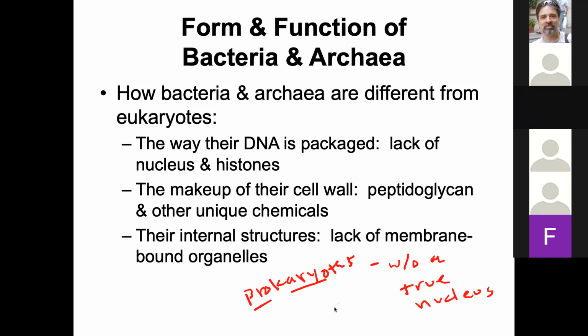In bacteria, it's made of something called peptidoglycan. There are other polymers that make up the cell walls of archaea. Okay. Our cells don't have cell walls. Okay. Animal cells lack cell walls, and plant cell walls are made up of something called cellulose, which you know better as wood. Okay. So those are unique characteristics.